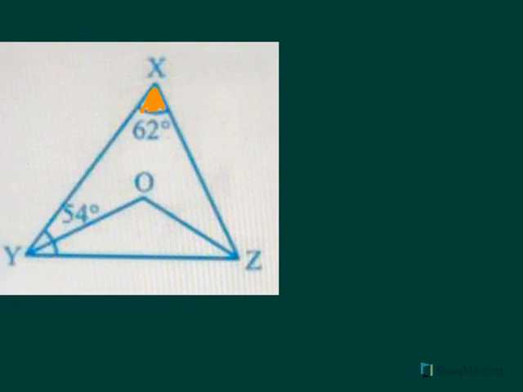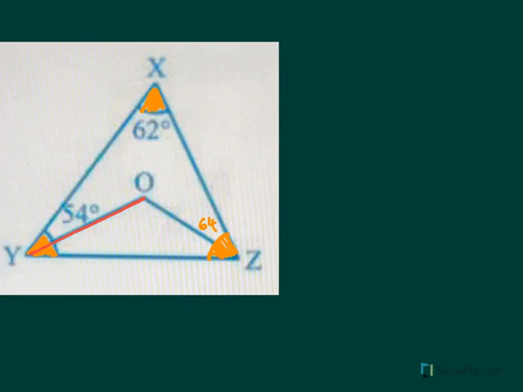Now again we'll just mark this was 62, this was 54, and this angle was given as 64. There is one more thing given now. They said that YO was a bisector. If YO is a bisector, it means it cuts this angle 54 into two equal halves.